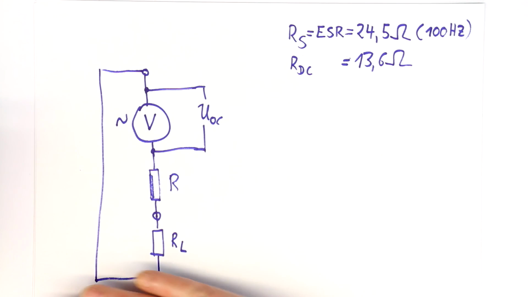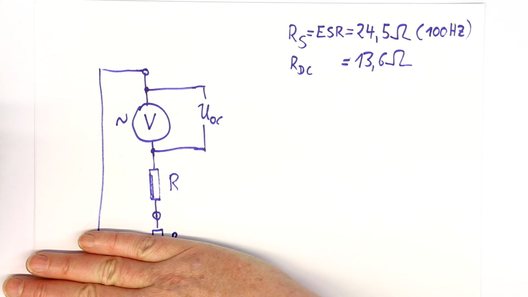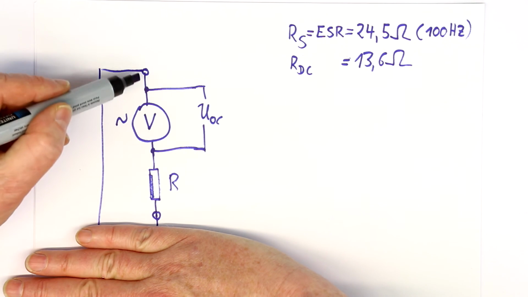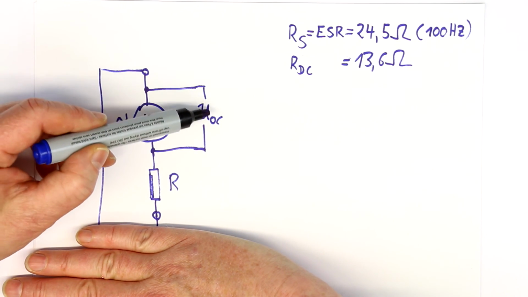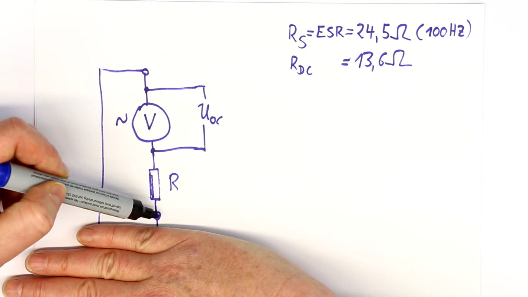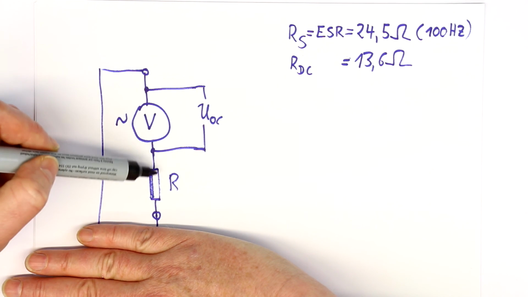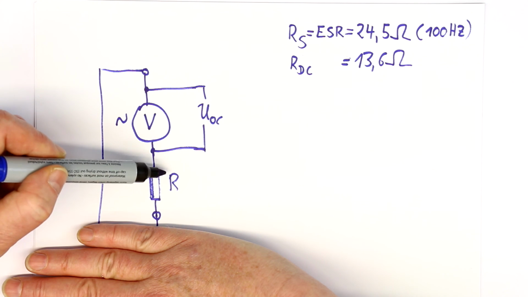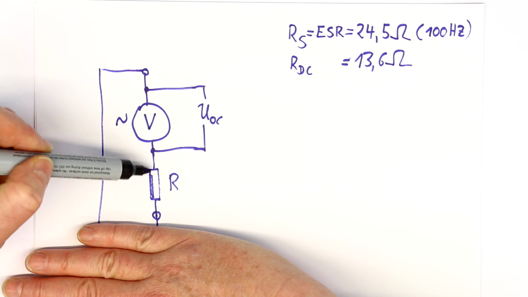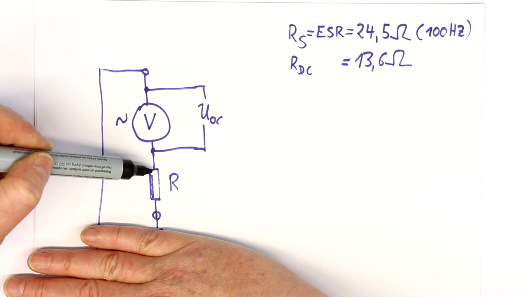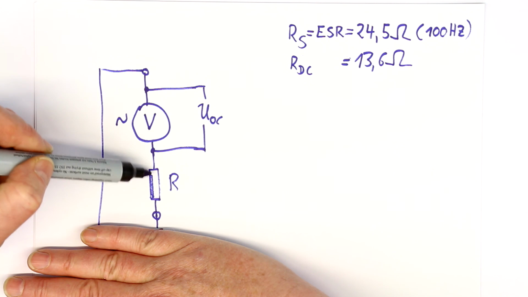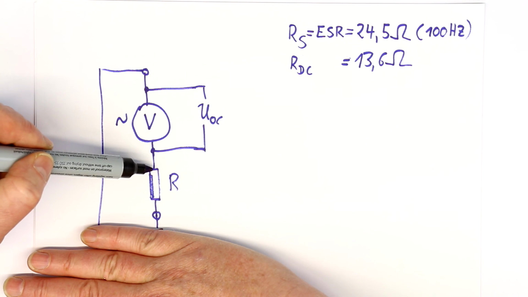So if we put no load on our secondary winding, then of course we can measure the open circuit voltage, because then we have no voltage drop on the resistor, because there is nothing flowing through it, except for the nanoamps or microamps through your multimeter.